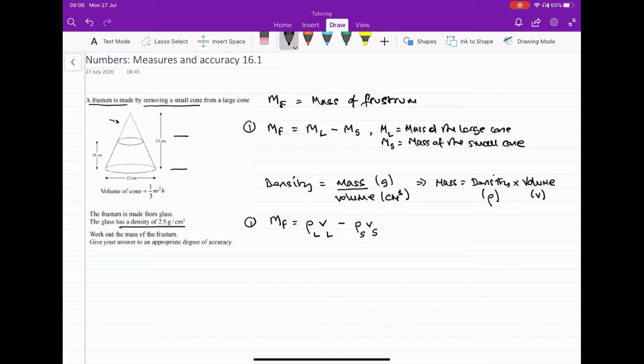Because we've got the density of both the large and small cone, the density is given by the density of glass, because both the small cone and the large cone are made of glass. So therefore we now know the density and we can plug that into our formula.